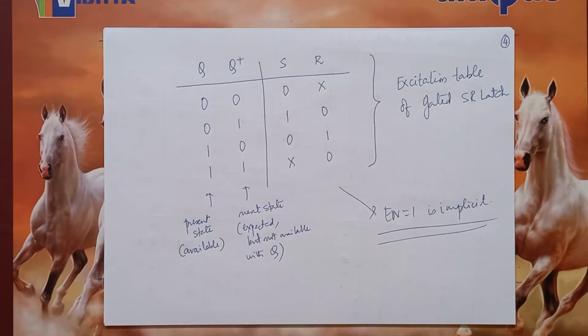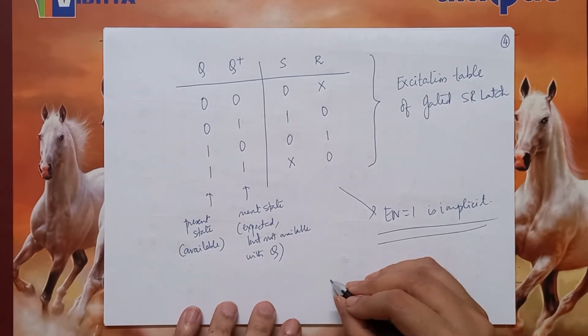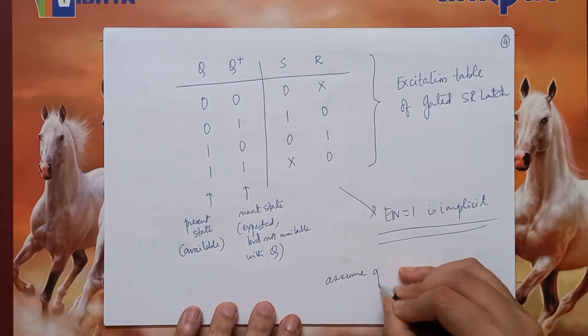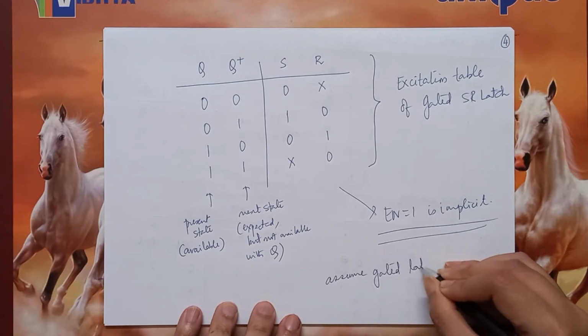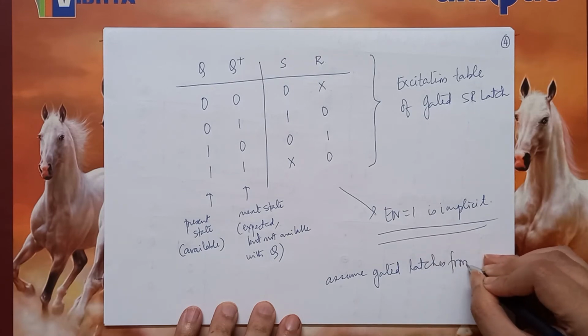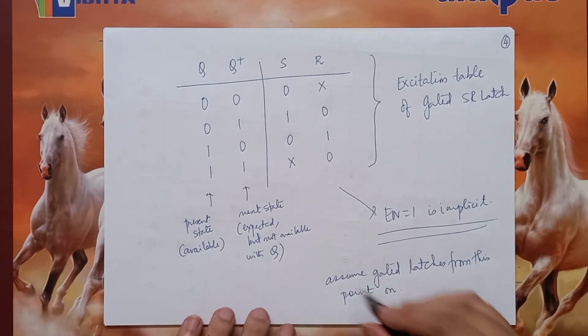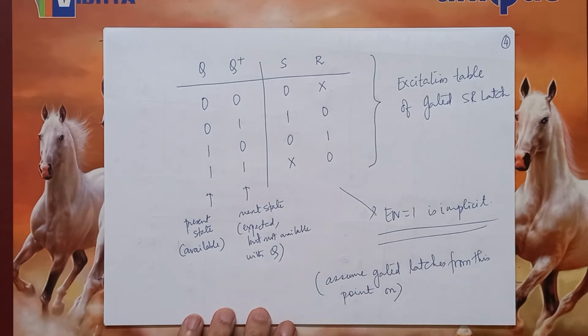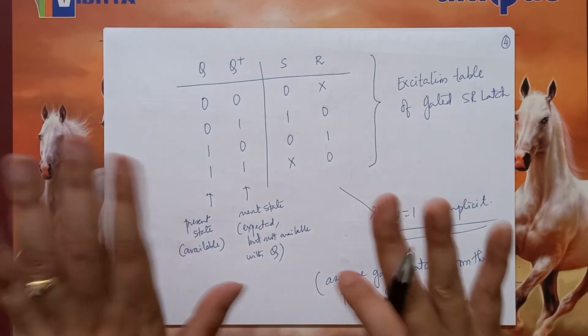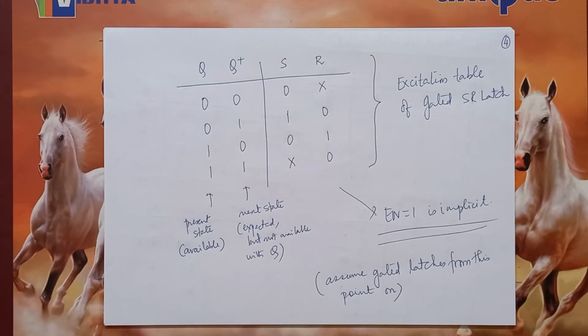And from this point onwards, whatever be our discussion on latches, we shall always assume gated latches. Alright, so this is how you can derive the excitation table of a gated SR latch.